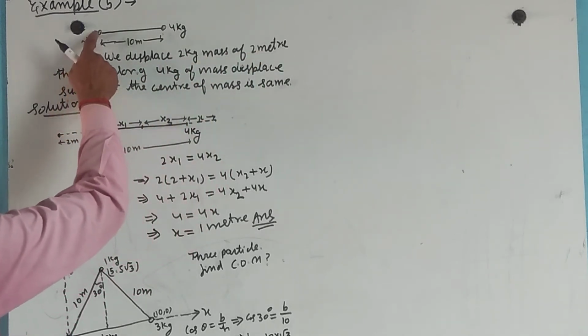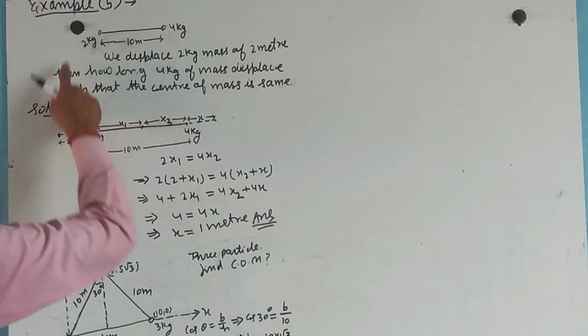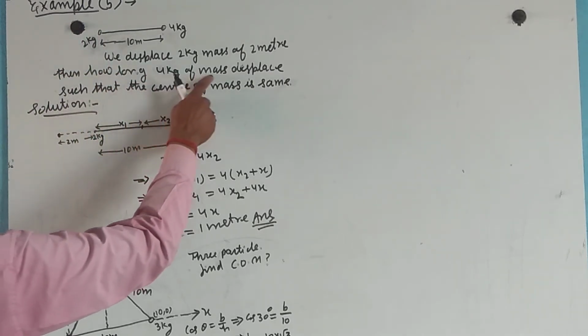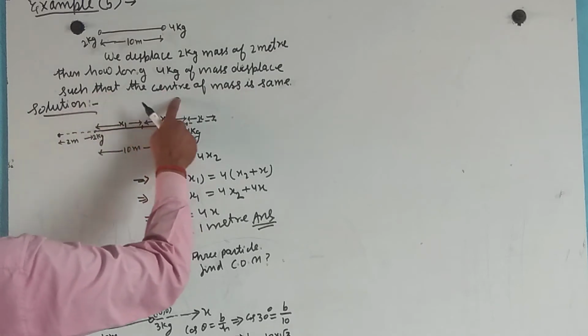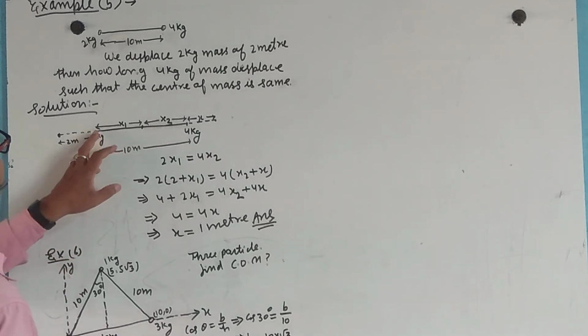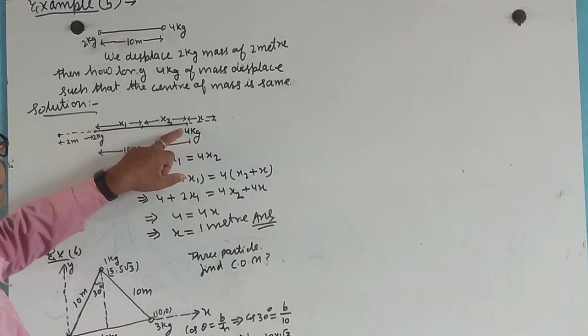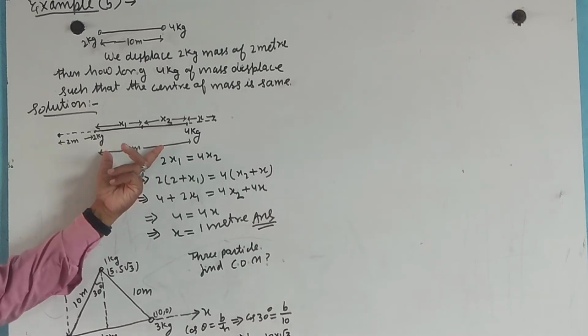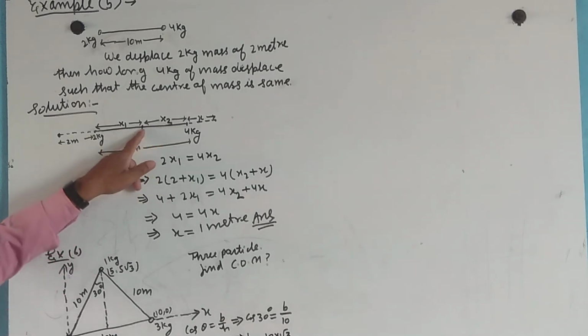How far should the 4 kg mass be displaced such that the center of mass stays the same? In this case, let us suppose this is the 2 kg mass, this is the 4 kg mass, placed 10 meter apart here. The center of mass is here.